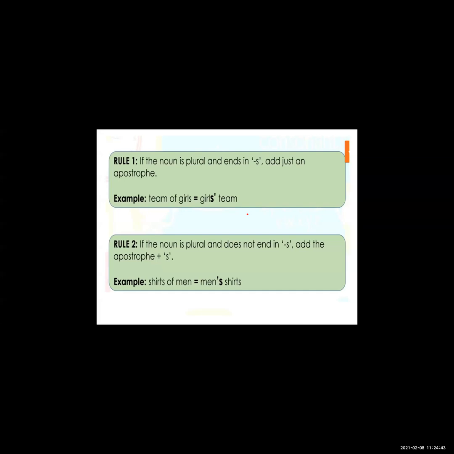But when the noun is plural and does not end with s, at that time you will add apostrophe plus s. Now see, there are some nouns which do not end with s. See, men, women, children.